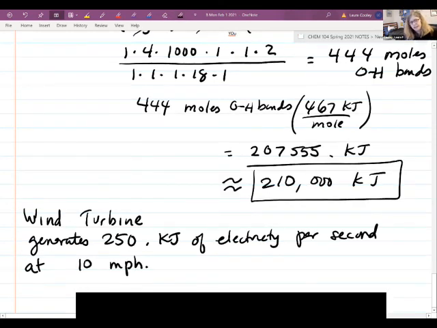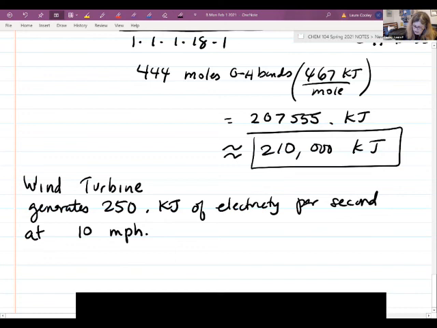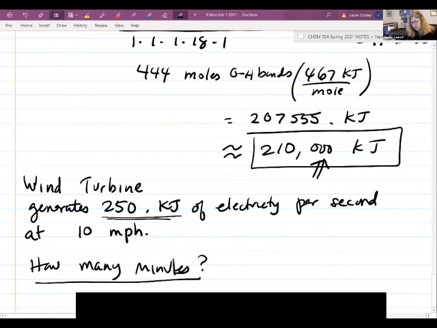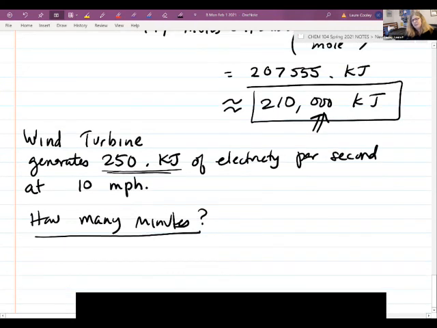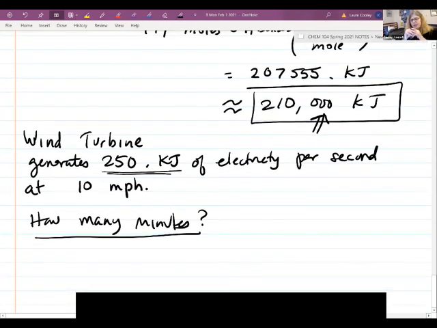So I would like you now to figure out, if this is how much energy we want, how long would this wind turbine have to operate? How many minutes? Okay, I'm really almost done with this problem, but I want you to finish it, okay?